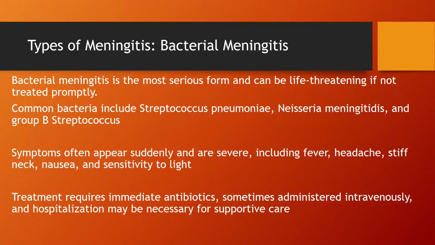So there are a few types of meningitis. There's bacterial meningitis, we'll start there. Bacterial meningitis is the most serious form and can be life-threatening if not treated promptly. Like I mentioned in the beginning of the presentation, England had an outbreak of the meningitis bacteria.